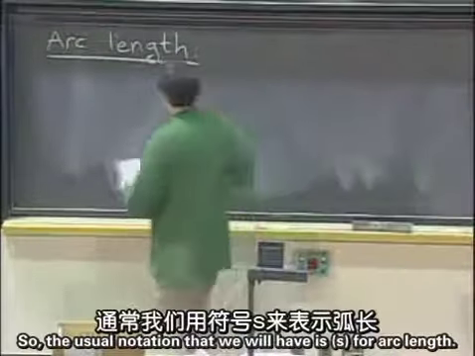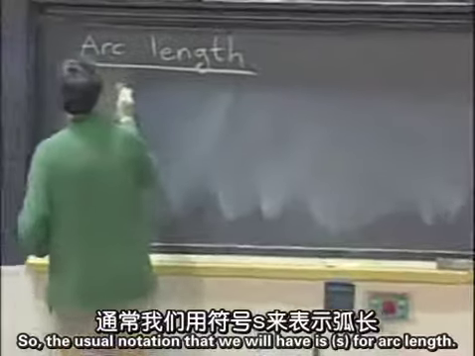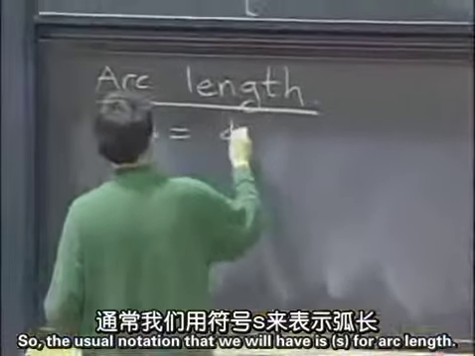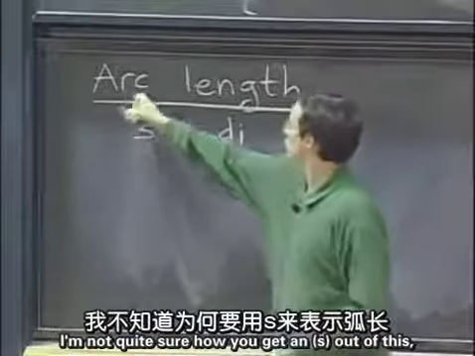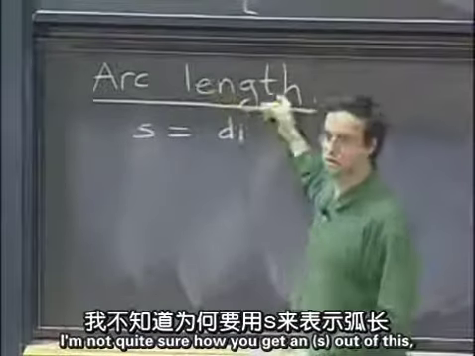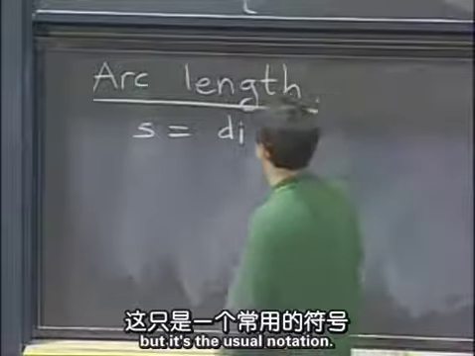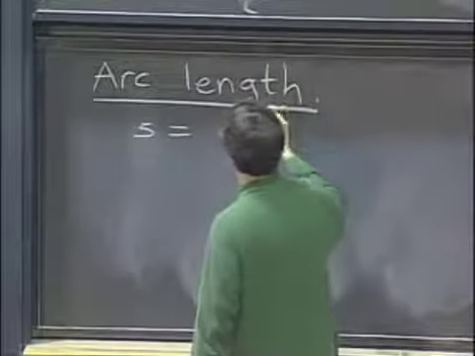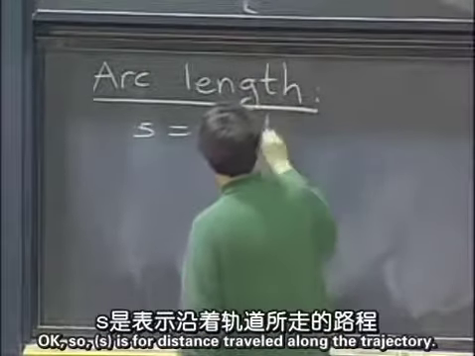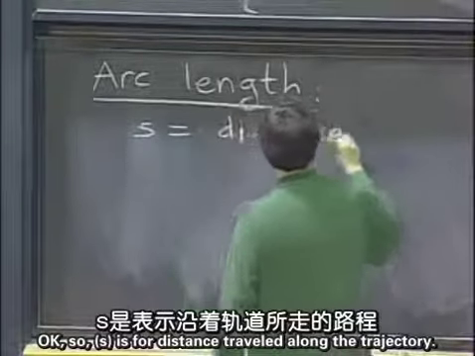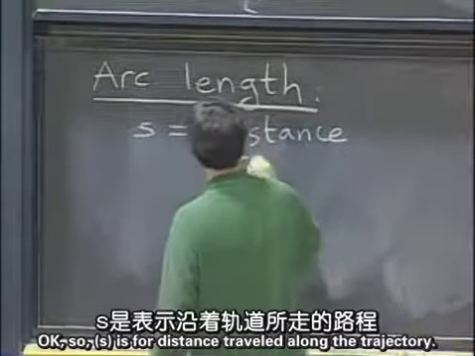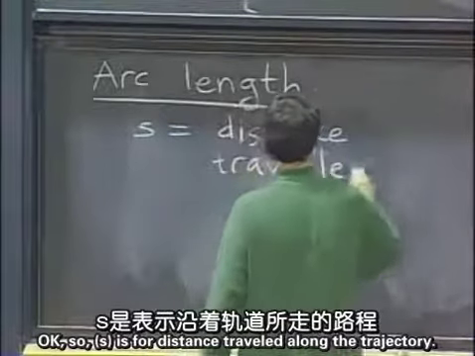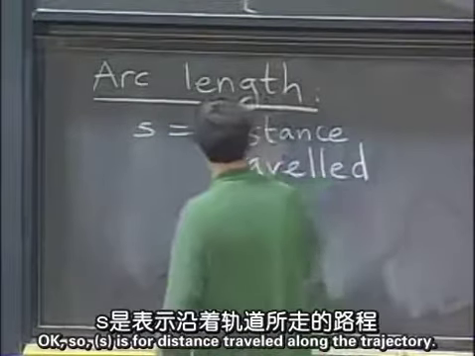So the usual notation that we'll have is s for arc length. I am not quite sure how you get an s out of this, but it's the usual notation. Okay, so s is the distance traveled along the trajectory.